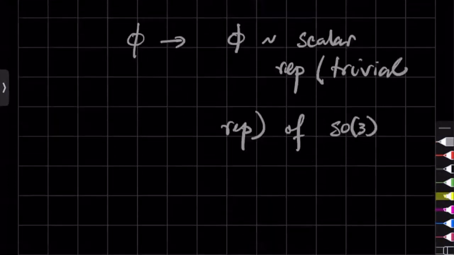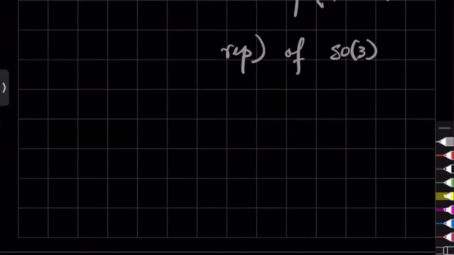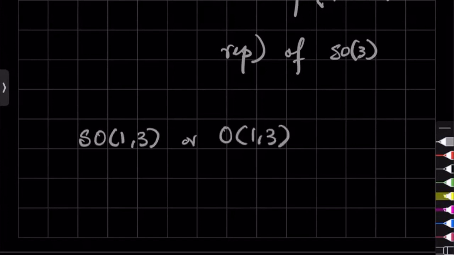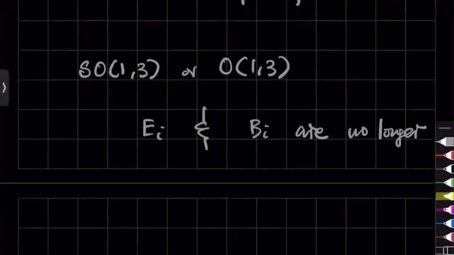So now what we want to do is build up bigger representations from the smaller representations. So bigger, but at the same time, irreducible representations. So if I now go to, say, the Lorentz group SO(1,3), or even O(1,3), then these guys, E^i and, say, B^i, are no longer vector reps of the Lorentz group, right?